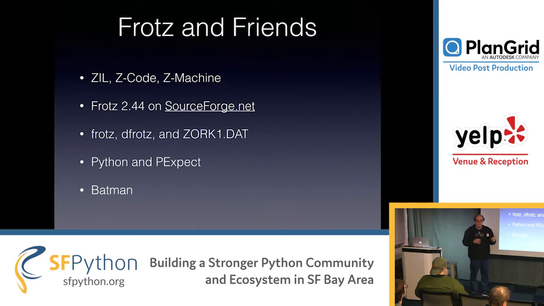So they didn't have to port Zork to every single platform. What they did was rewrite Zork in a language called ZIL, which got compiled to Z code. And then they had a Z machine, a tiny little virtual Z code runner. That allowed them to run the same Z code on all platforms.